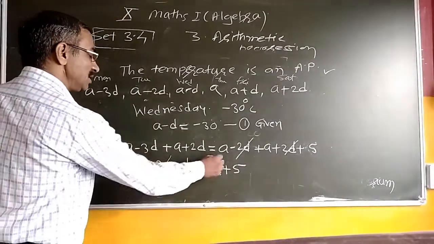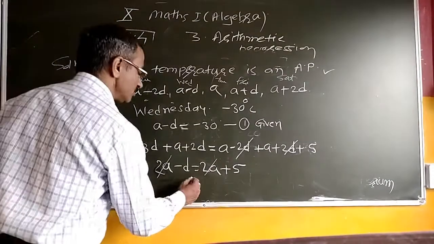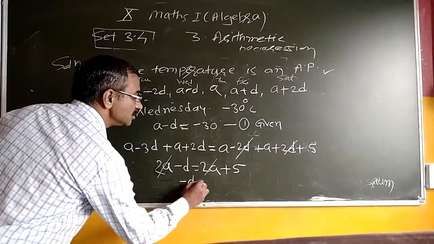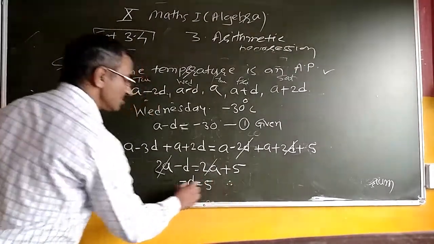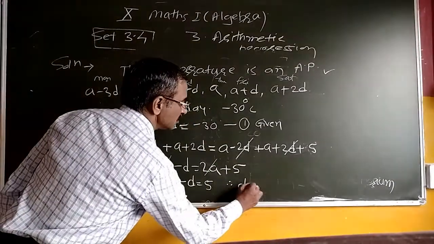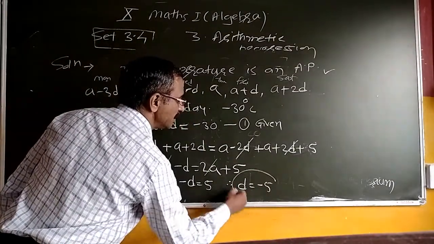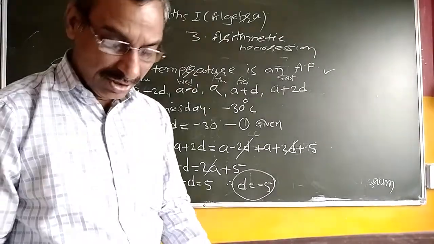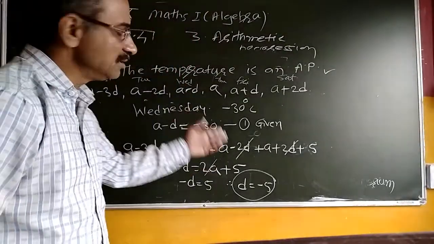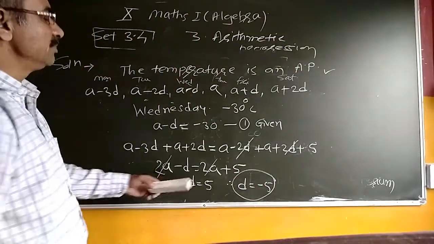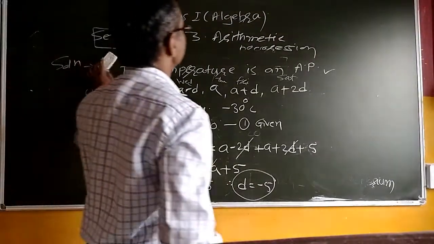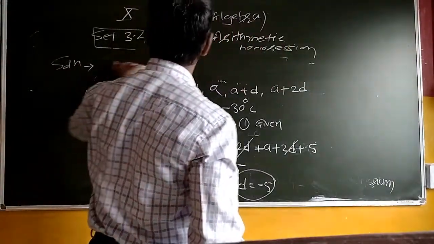These are similar terms on the left and right hand side, so they will get eliminated. So minus D is equal to 5. The minus sign goes to the other side, and you get D is equal to minus 5. So we get the constant difference, that is minus 5.